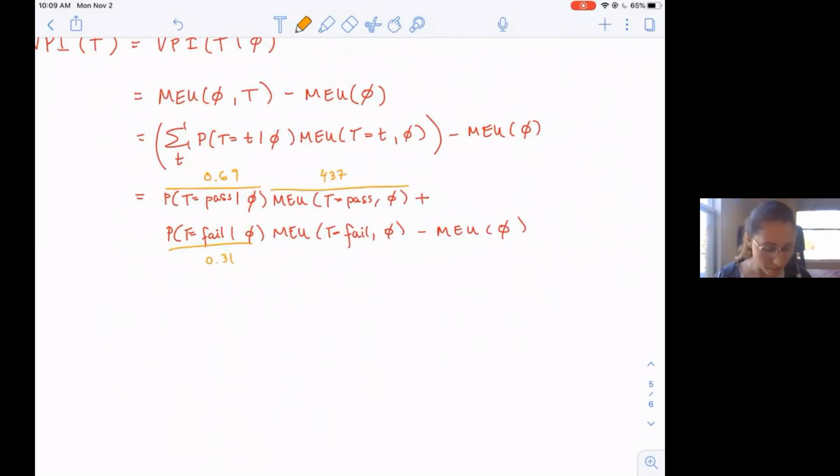What about the maximum expected utility if the car is failing? In this case, it's best for us not to buy, not to do anything. And in this case, 0 is the maximum that we can get.